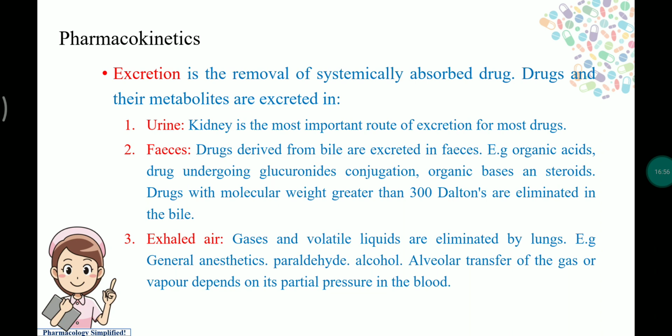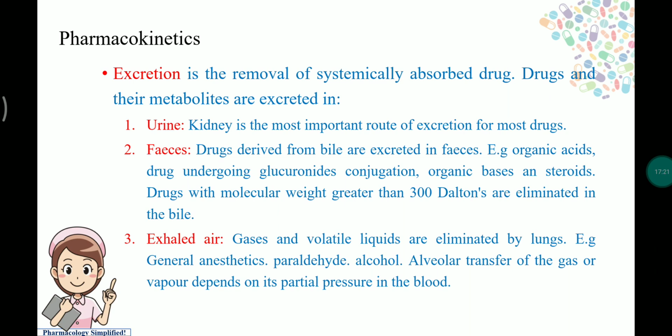The kidney is the most important route of excretion of most drugs. If there are lipid soluble drugs, they are reabsorbed into the renal tubules, and the others are eliminated through urine and feces through fecal elimination.